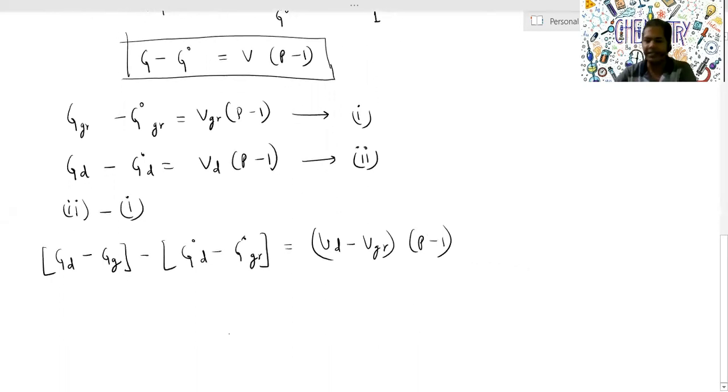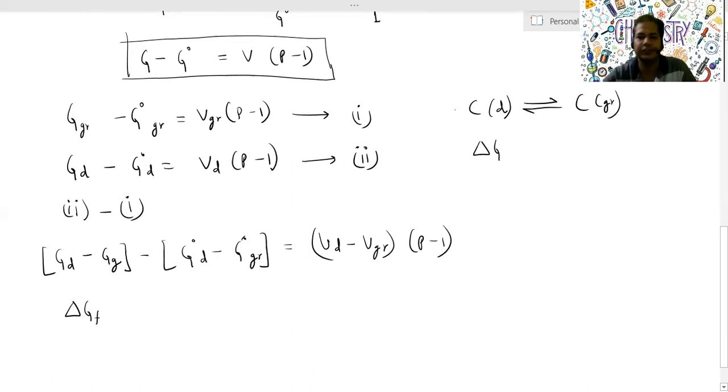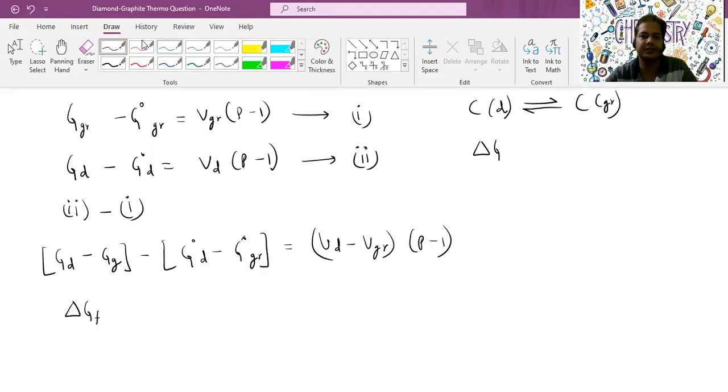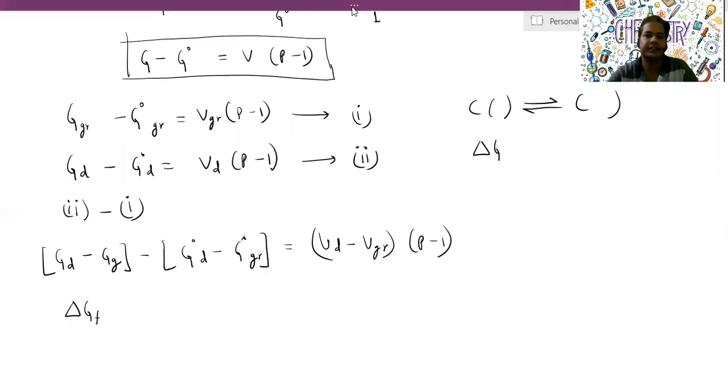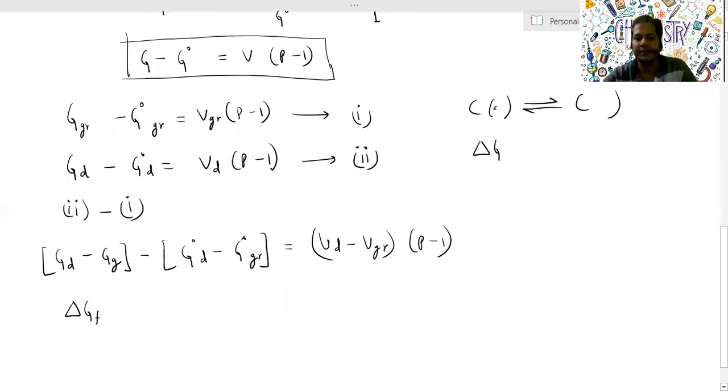Now Gibbs energy of diamond minus Gibbs energy of graphite will give delta G formation of diamond. Diamond is formed from graphite. Let us consider the conversion of carbon graphite to carbon in the diamond form.